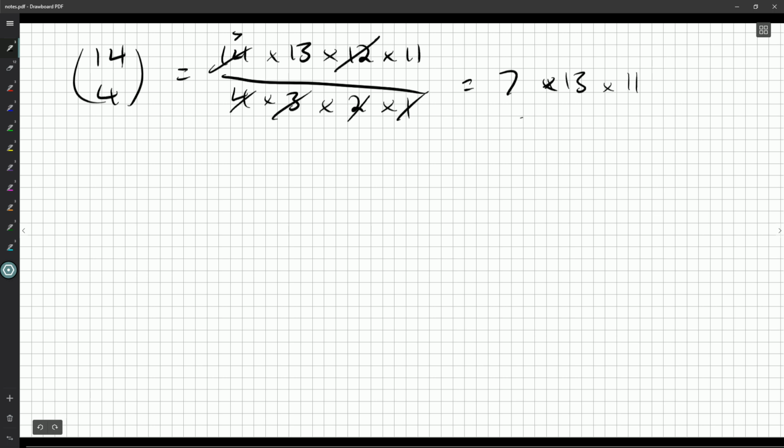That's 77 times 13. I feel like this is 1001. 143 times 7 is 1001. Yeah, 1001. Okay, that's what I thought. So that's going to be our answer.